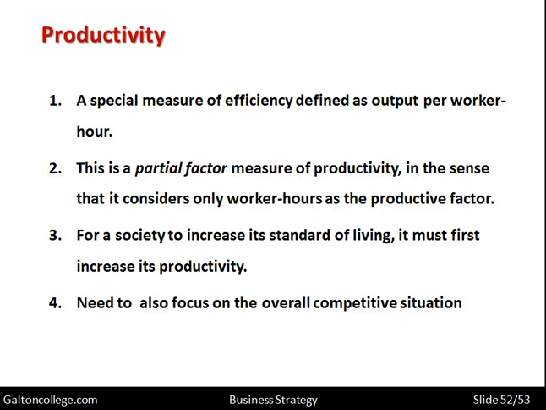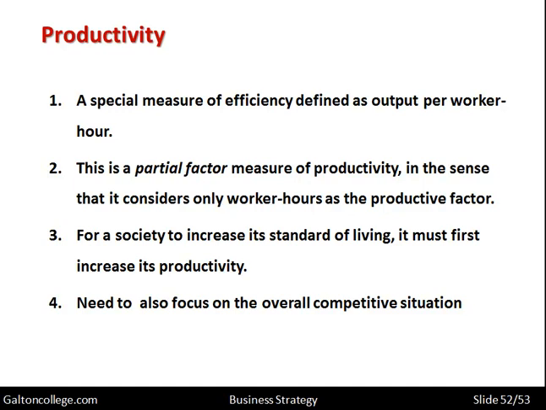There's also the need to focus on the overall competitive situation. Companies need to look at productivity in other companies. If they're looking at their competitors, how competitive are they? What does that mean? It means that they're producing more per worker. And as I said, we're using this term output per worker.